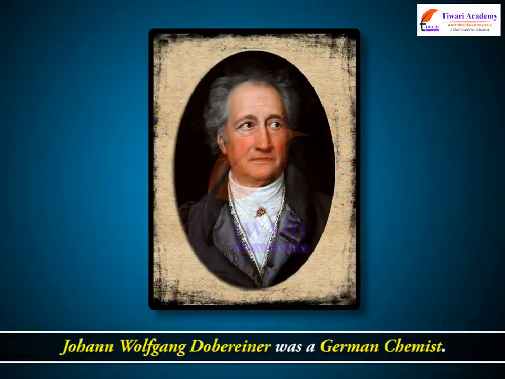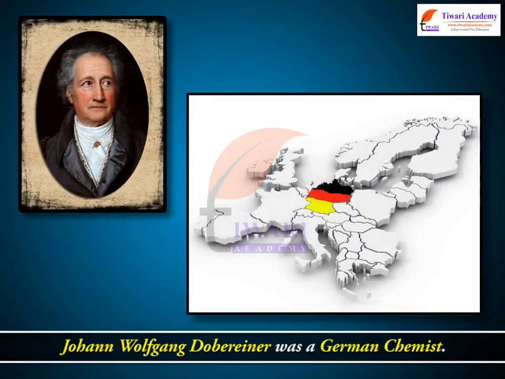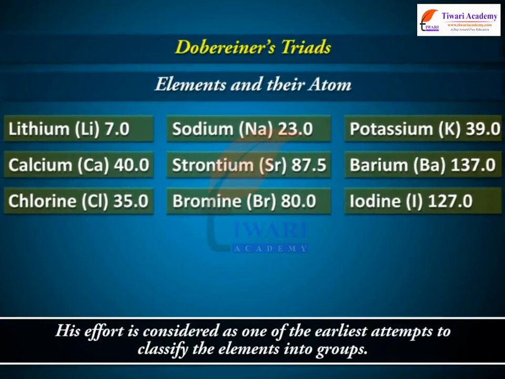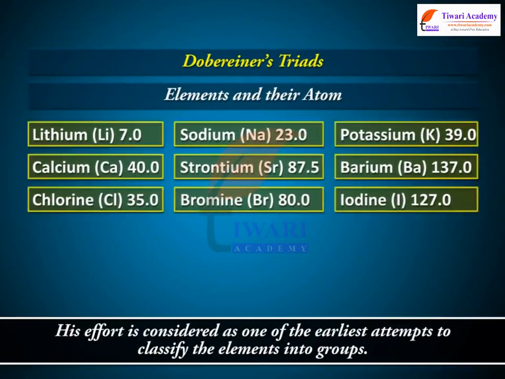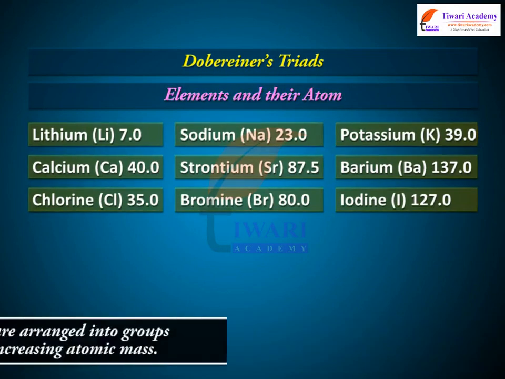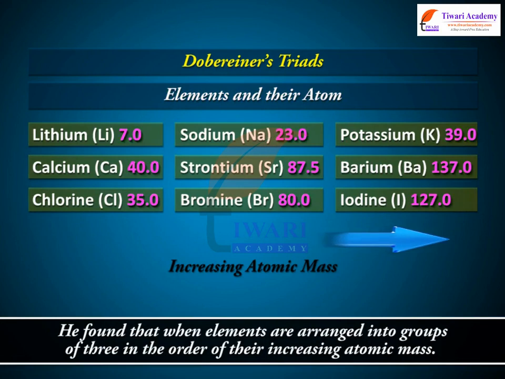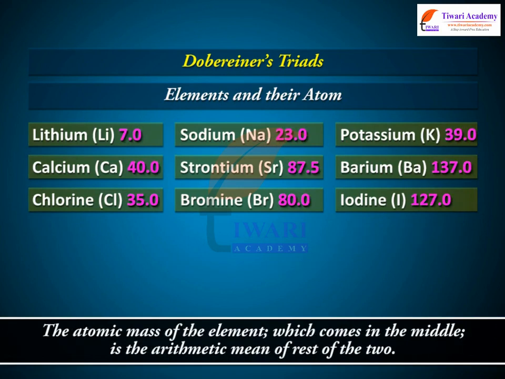Johann Wolfgang Dobereiner was a German chemist. His effort is considered as one of the earliest attempts to classify the elements into groups. He found that when elements are arranged into groups of 3 in the order of their increasing atomic mass, the atomic mass of the element which comes in the middle is the arithmetic mean of the rest of the two.